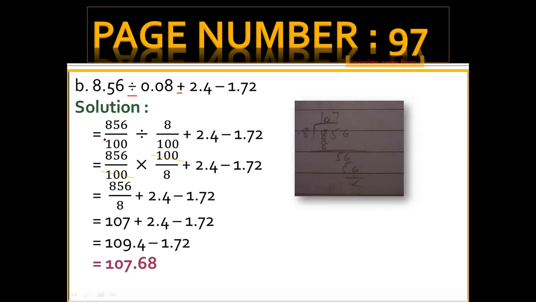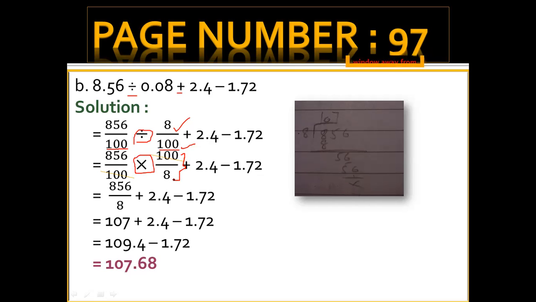Here I remove the decimal and I put 100 in the denominator. 8.56 can be written as 856 over 100. Same, 0.08 can be written as 8 over 100 because there are two numbers after the decimal. When we change the division into multiplication, what happened? The number after the division, we take the reciprocal of that number.